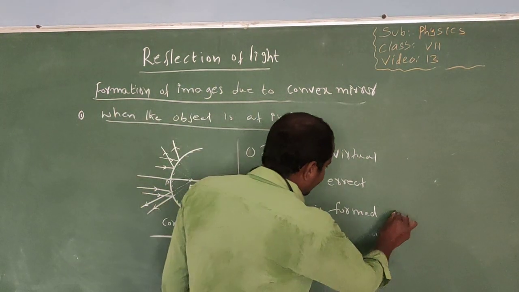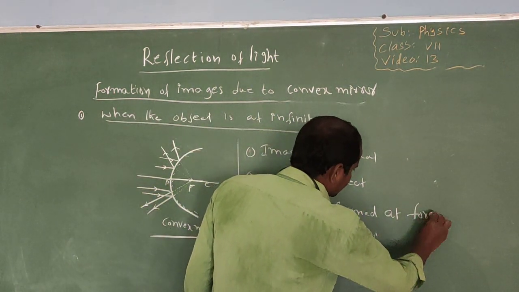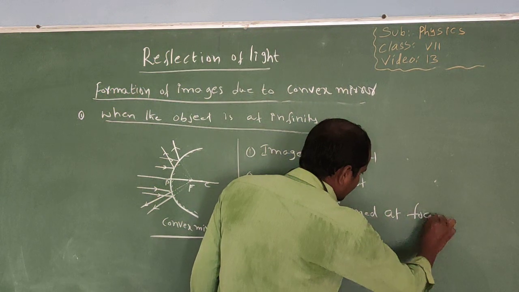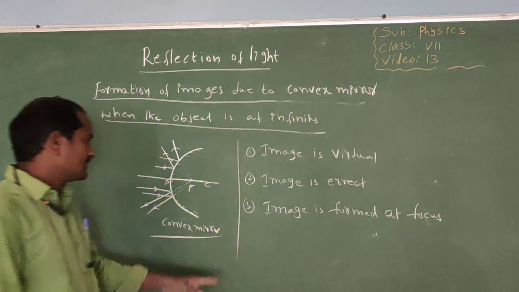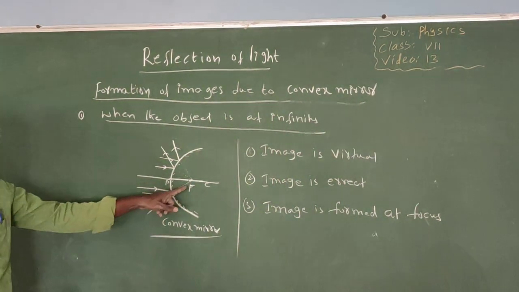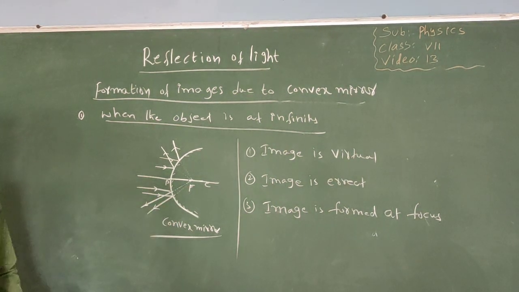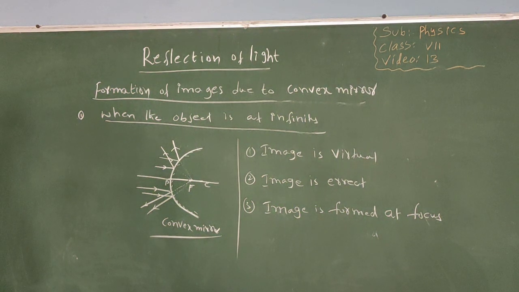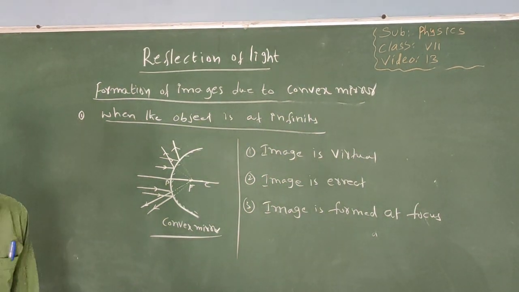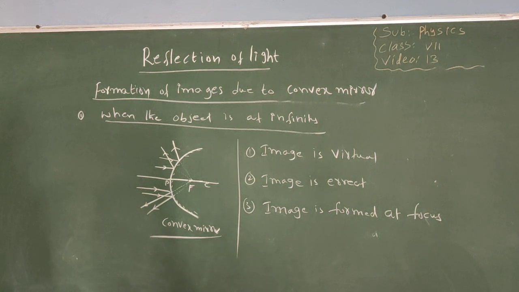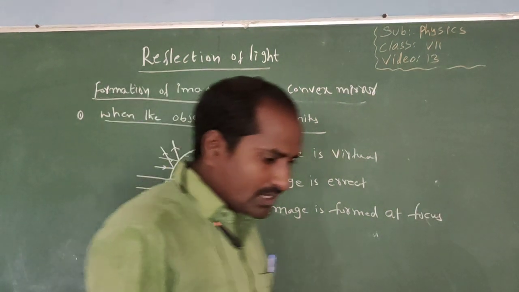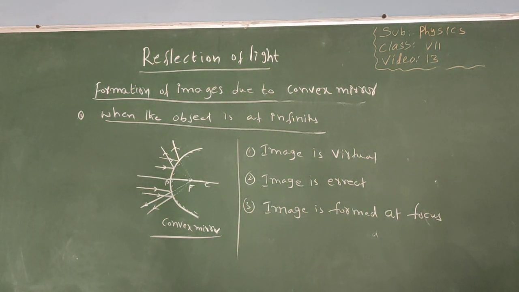This is the ray diagram of a convex mirror when the object is placed at infinity. Next one, when the object is anywhere between the pole and infinity.